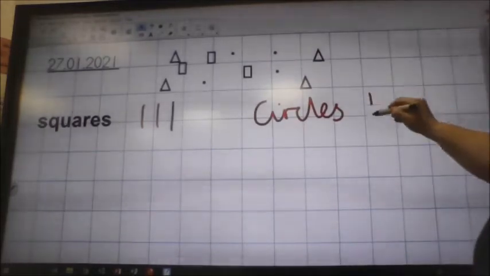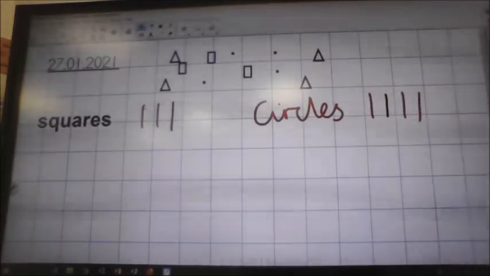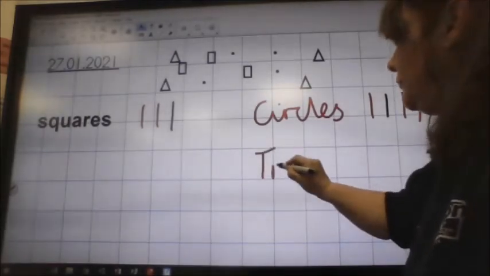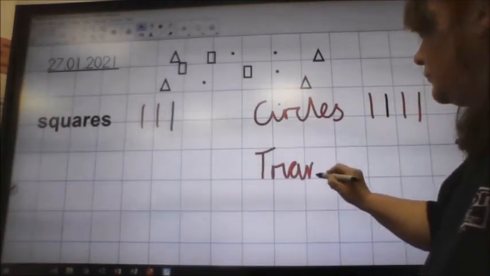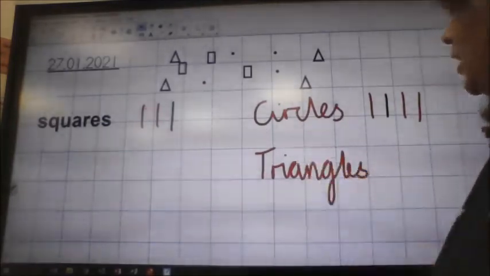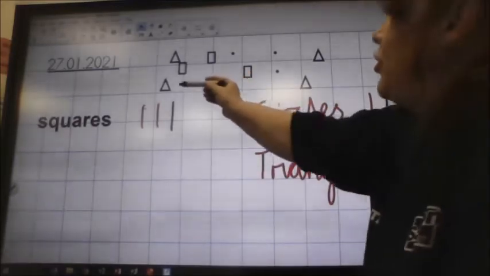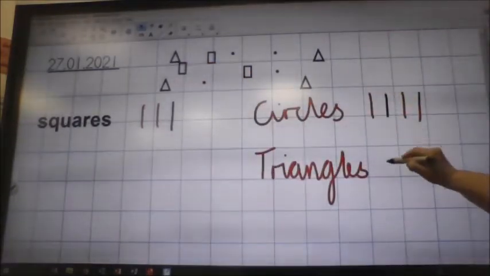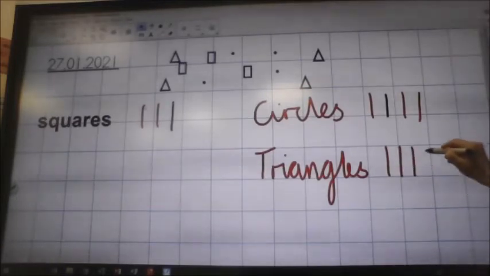So I would go 1, 2, 3, 4. And finally, triangles. Okay, I've got 1, 2, 3, 4 again. So I would write 1, 2, 3, 4.